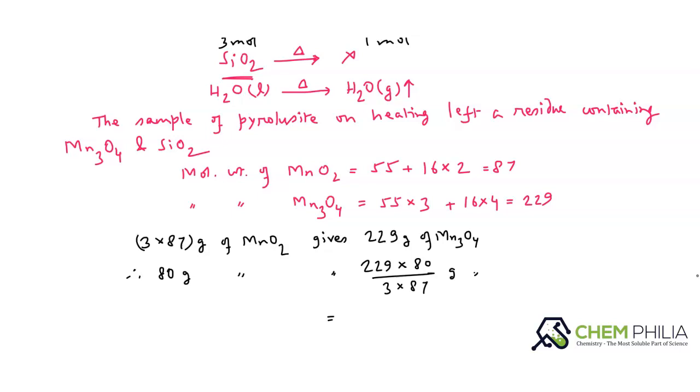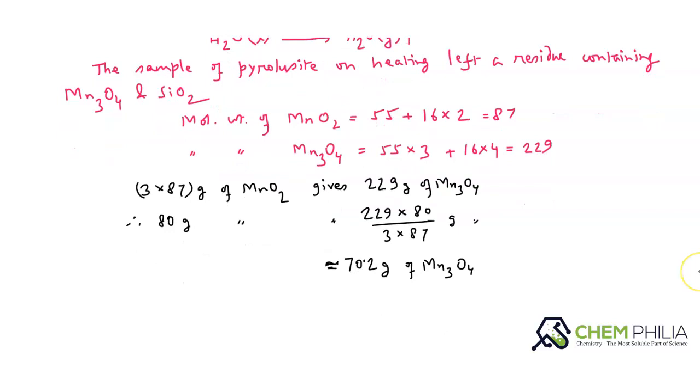So it will be around 70 gram of Mn3O4. And if we want the proper calculation, it will be 70.2 gram of Mn3O4.